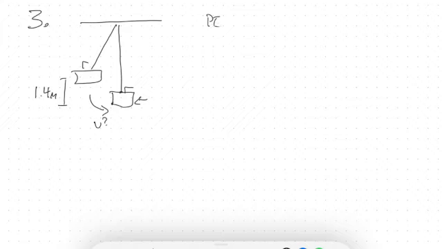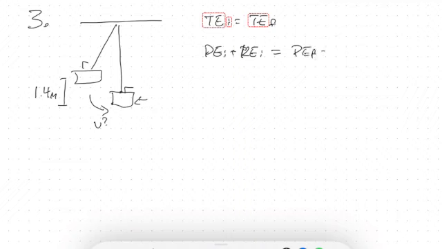So this is potential energy. Oh, sorry, we call it the same energy formula. Total energy initial equals total energy final. Potential energy initial plus kinetic energy initial equals potential energy final plus kinetic energy final.